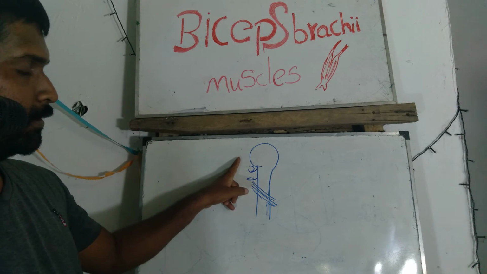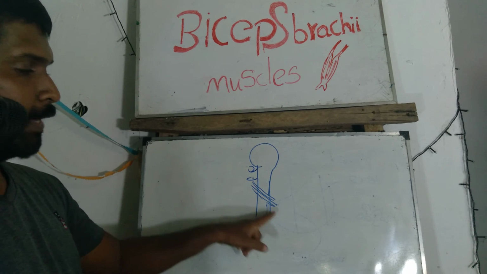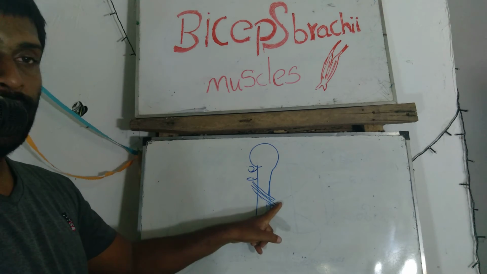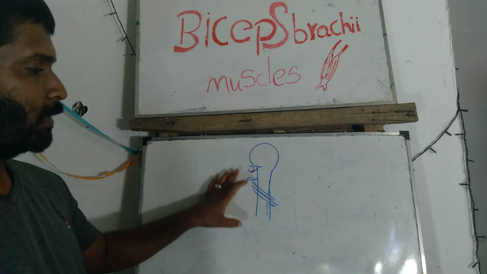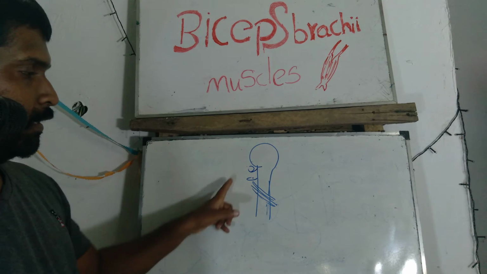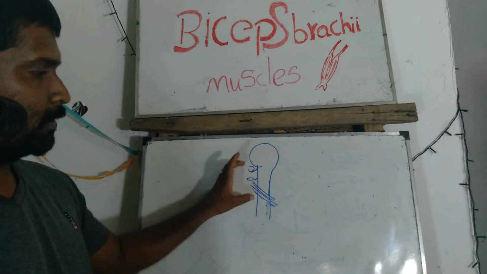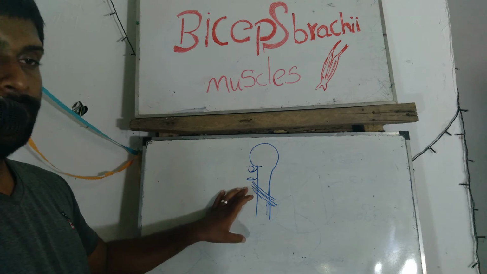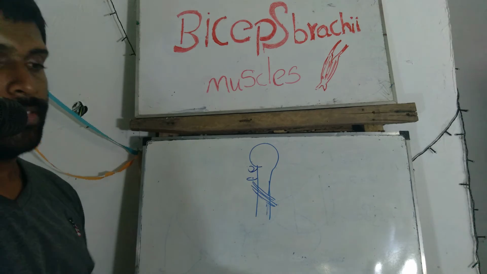The circumflex artery, axillary nerve, radial nerve, profunda brachii artery, these things can be damaged because of the quadrangular space syndrome. In this lower part of the head, we can identify this damage.